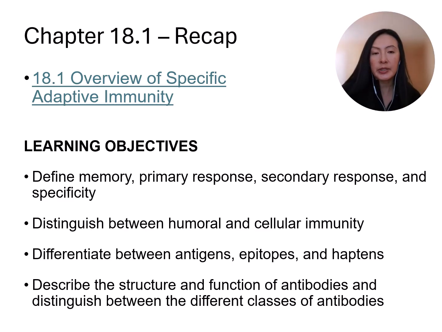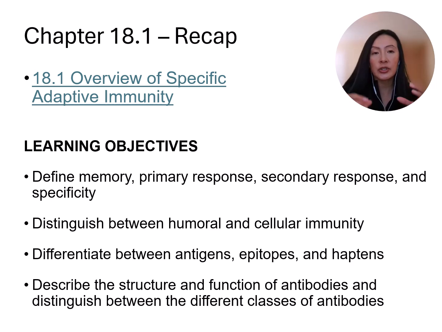The third learning objective asks, differentiate between antigens, epitopes, and haptens. So antigens are entire pathogen-associated molecules that trigger an adaptive immune response, like proteins, carbohydrates, lipids, or nucleic acids. Epitopes are small specific regions on an antigen that antibodies or T cells actually bind.